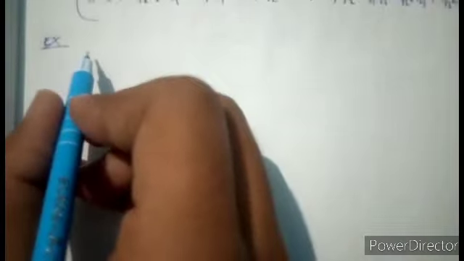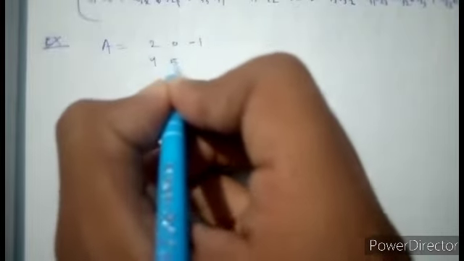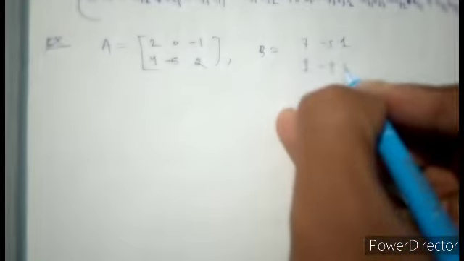Then let us solve an example, to recall the concept. Here, take A is equal to 2 0 minus 1, 4 5 minus 5 2, and B is equal to 7 minus 5 1, 1 minus 4 minus 3.